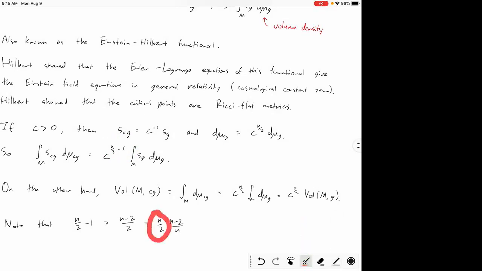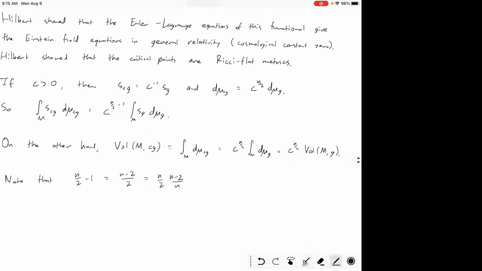So now n over 2 is the exponent I see here. By combining these two in the appropriate way, I have the normalized Einstein-Hilbert functional.